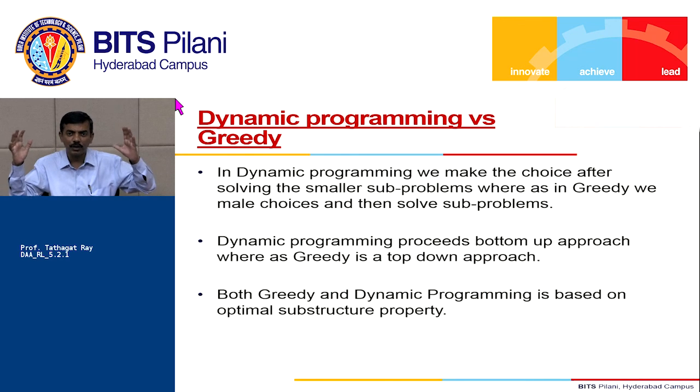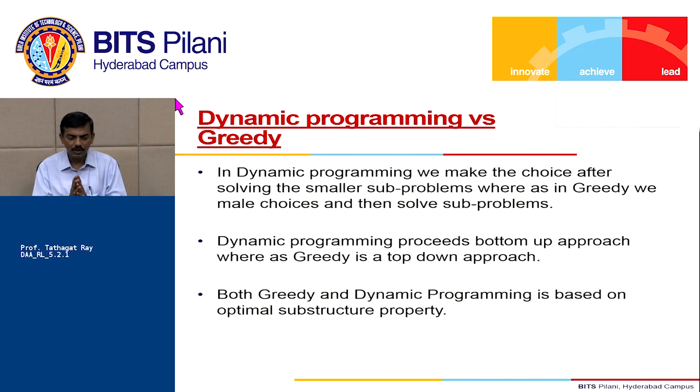You start with the original problem, make a greedy choice, reduce it to another sub-problem and say that you are going to solve this sub-problem because it follows the optimal substructure. So these are the two important things you need to look into. Both greedy and dynamic programming are based on the optimal substructure property. That you have to be careful about.